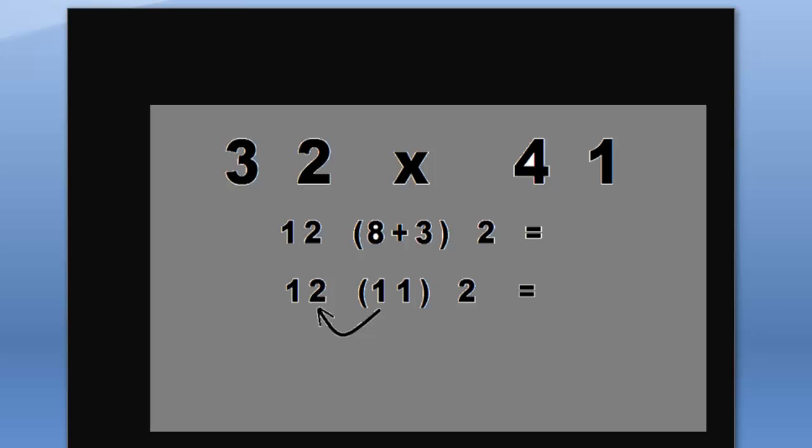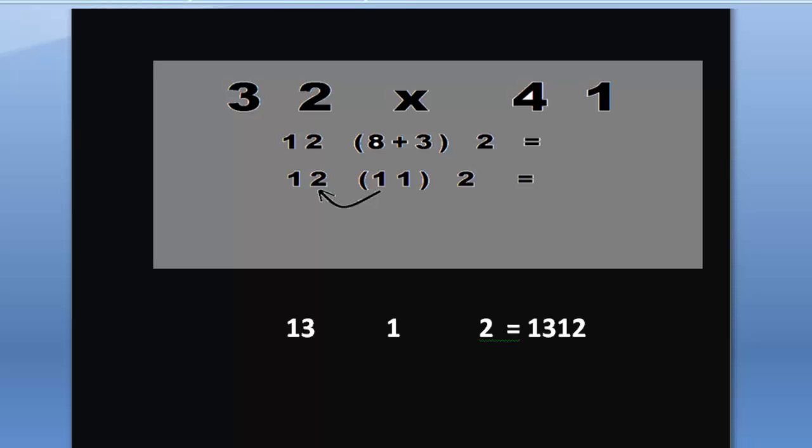We can't put 11 in the tens place, so the 1 of 11 is carried over to the hundreds place. So we get 13 in the hundreds place, 1 in the tens place, and 2 in the units place. Our answer is 1, 3, 1, 2.